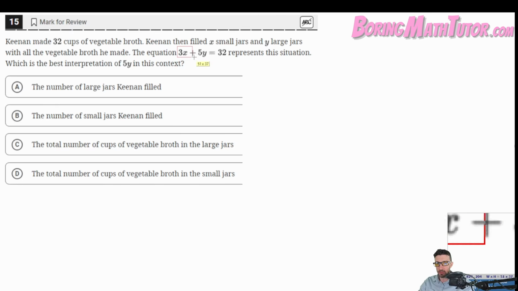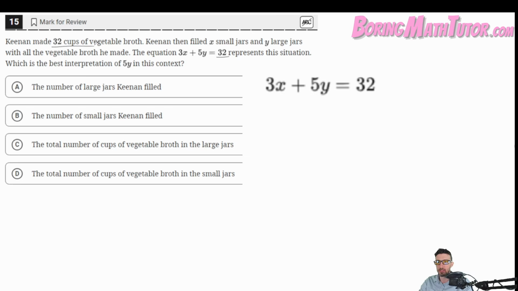Well, in that equation, we can focus on the 32 because that's the actual number that they gave me, and that's measured in cups. So the 32 is measured in cups. Well, what that means is that this must be measured in cups and this must be measured in cups. So basically, cups plus cups equals total cups.